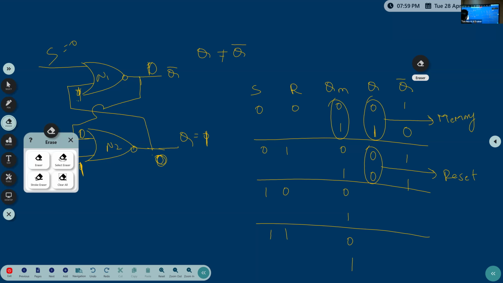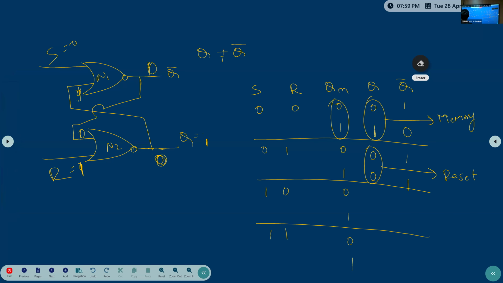I will repeat. See, Q memory is 1, S is 0, R equal to 1. This 1 memory is going here. 0 and 1, what is the output we will get? 0. This 0 I am getting here. 0 and 1, what is the output we will get? 0, right? Yes or no?